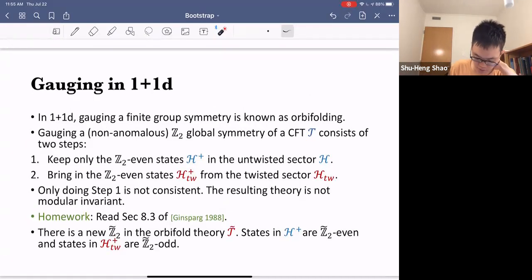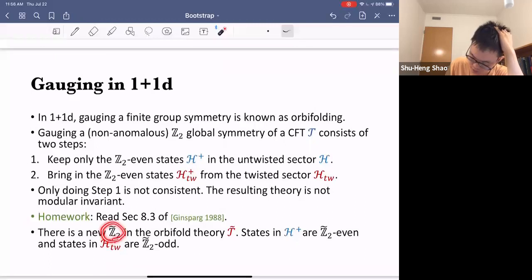Now in the orbifold theory, which I'll denote by T tilde, there's a new Z2 tilde symmetry. We start with the CFT T with a Z2 symmetry. We gauge it. Since we gauge this Z2, the Z2 is gone. But in the resulting theory, there's an emergent Z2 tilde symmetry, usually going under the name of quantum symmetry or orbifold symmetry. I think it was first discussed by Vafa in the 80s.